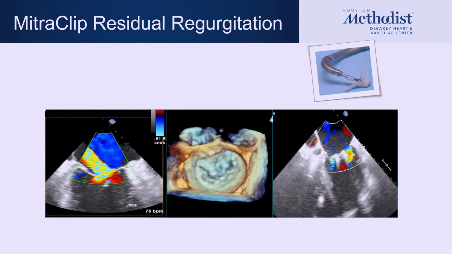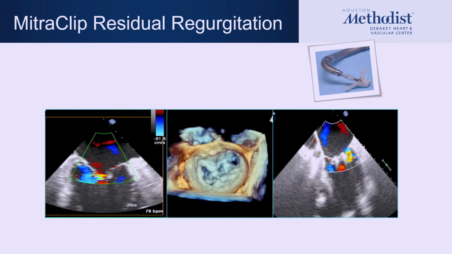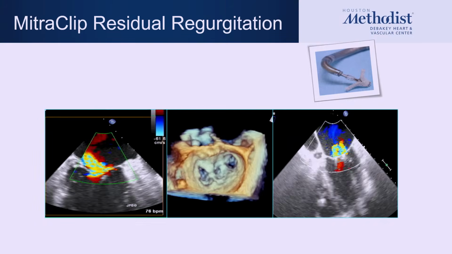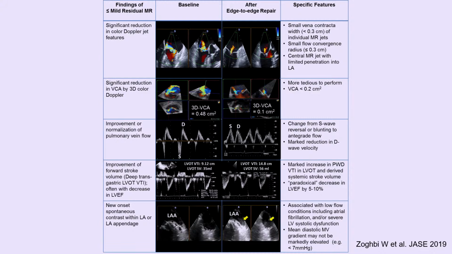For a mitral clip or basically edge-to-edge repair of these valves in the mitral position, the residual regurgitation can be quite challenging, actually. It could have different forms, so it could be challenging from a color Doppler point of view. Vena contracta is also very important in these situations. What you look for is a significant reduction in the color Doppler extent as well as vena contracta.